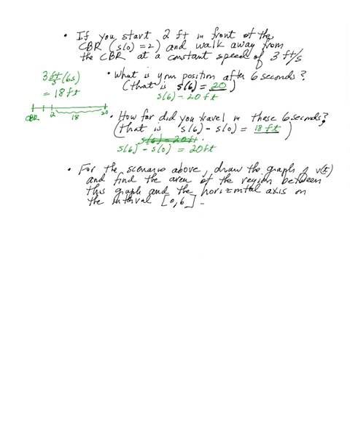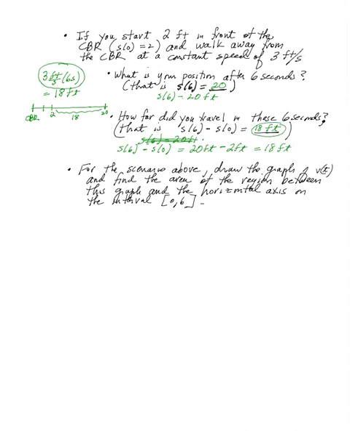My position at 6 seconds was 20 feet from the previous bullet. My position at 0 seconds was 2 feet. That was given, so the total distance is 18 feet. In other words, I traveled 3 feet per second for 6 seconds, so I've traveled 18 feet.